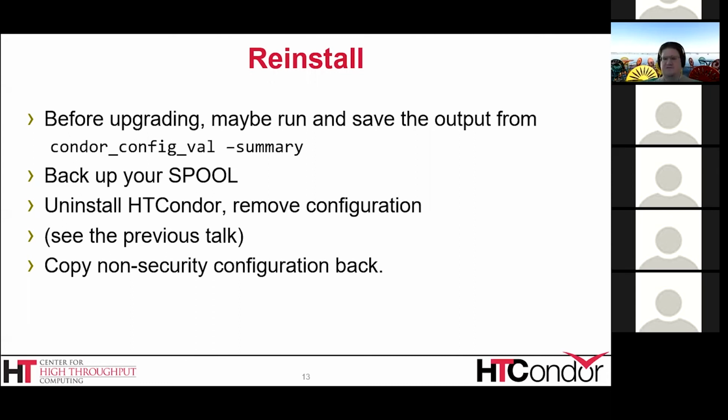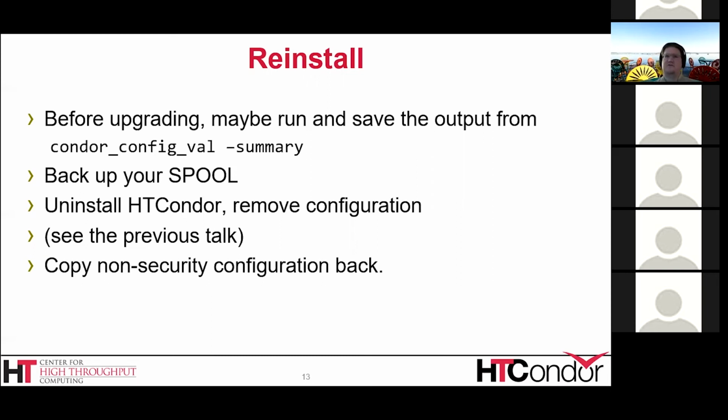That'll tell you the differences between your configuration as you've written it out in your configuration files and the default configuration for that version of Condor. That might be useful information to know. You might want to back up your spool. I don't think the RPMs or the debs would clear the spool out for you when you uninstall, but just to make sure that they don't do that. So uninstall Condor, remove the previous configuration.